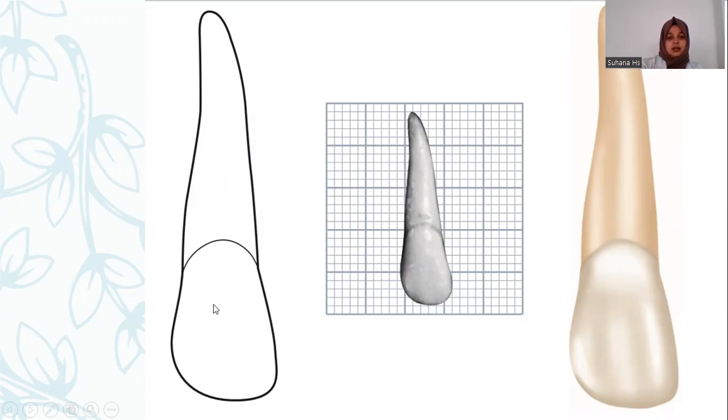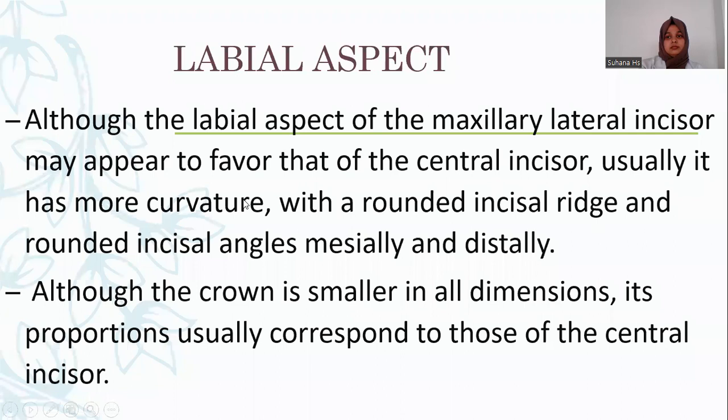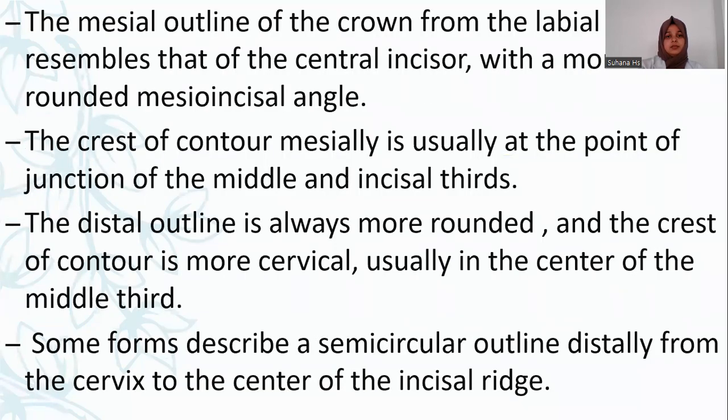When we compare crown length and root length, the proportionality of the root length is somewhat larger and longer than that of the centrals. This is the labial aspect, and the mesial outline of the crown from the labial aspect resembles that of central incisors, but the difference is only in the roundness of the mesio-incisal angle.